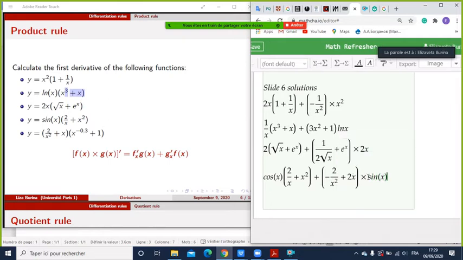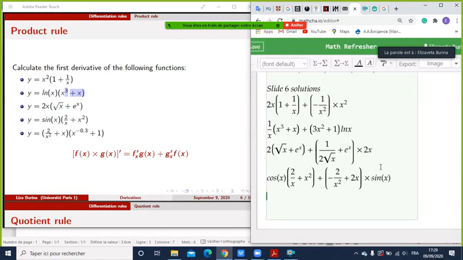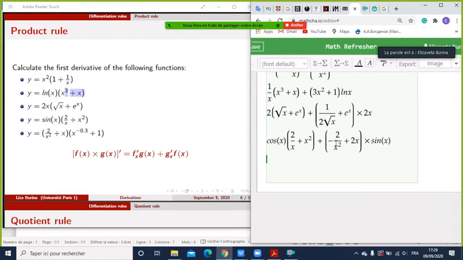Okay, get it there. And the last is always the ugliest one. So here we have minus 4 over x cubed. Okay, here it is cube. Why is it minus 4?